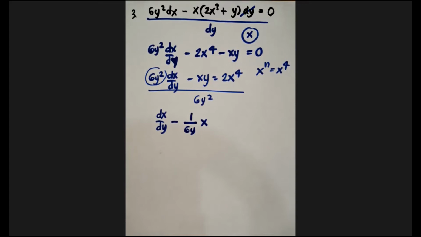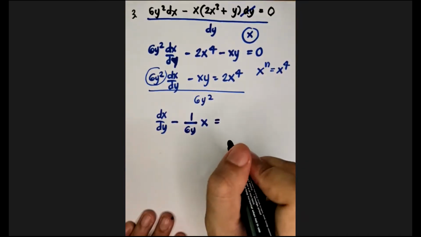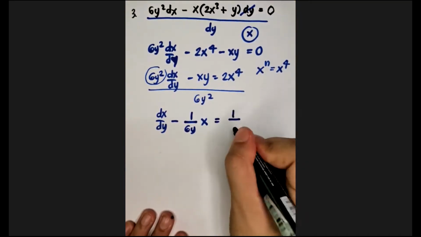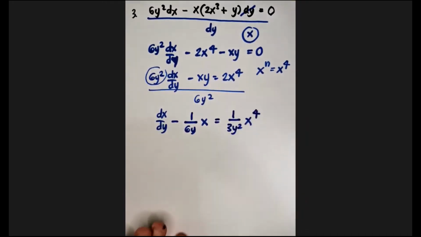One y cancels at the bottom, so we have 1 over 6y. That's equal to 1 over 3y squared x raised to 4, since 2 over 6y squared becomes 1 over 3y squared.